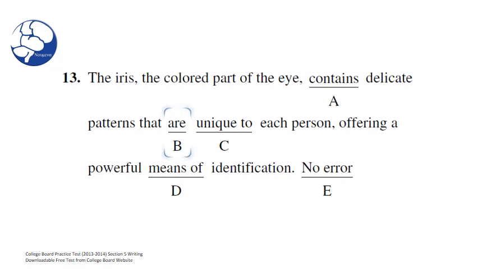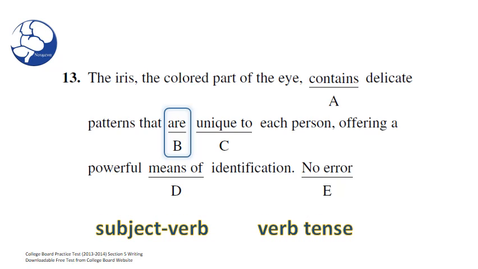Let's look at B, are. The iris, the colored part of the eye, contains delicate patterns that are unique to each person. We have another verb here. So, Anthony Sonsonim, would I be correct to assume that we're going to check for subject-verb again? Absolutely. And possibly verb tense? You bet. Again, guys, the points at the bottom are there for your convenience.